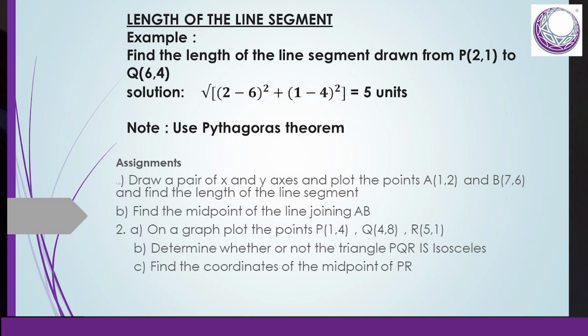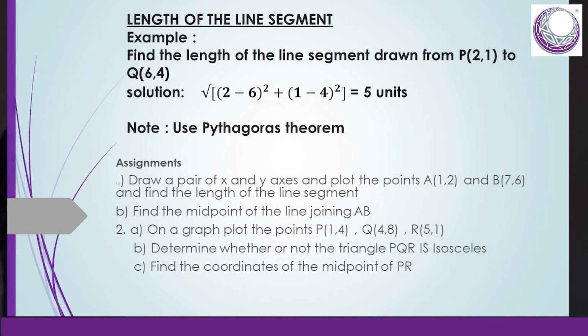By formula, I'm going to be using the Pythagoras theorem. So I'm saying the square root of the difference in the x values squared, which is 2 minus 6 squared, plus the difference in the y coordinates squared, 1 minus 4 squared.